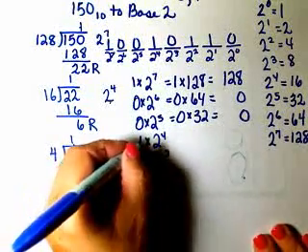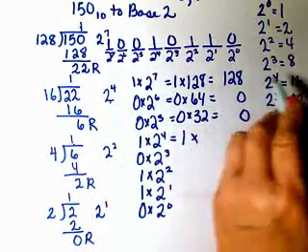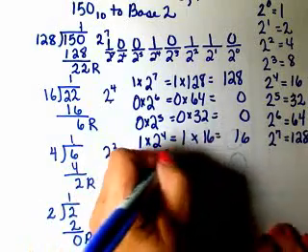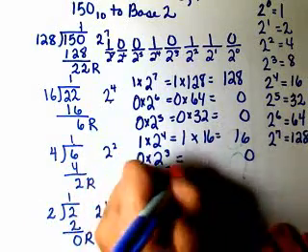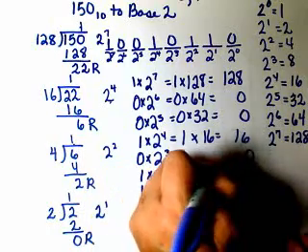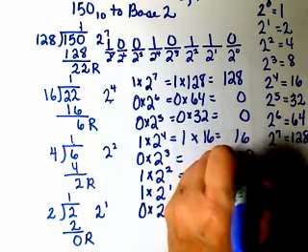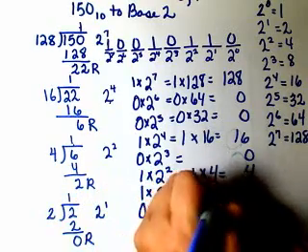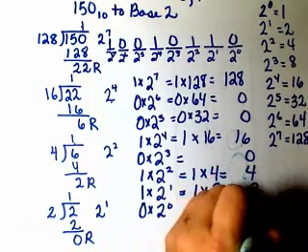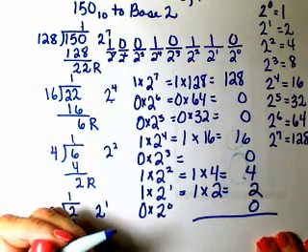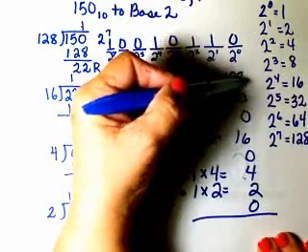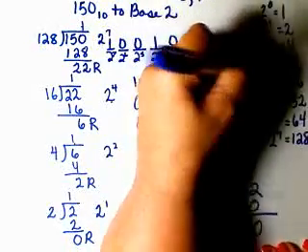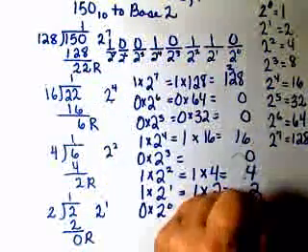So now we have 1 times 2 to the 4th, which is 16. We have 0. We have 1 times 2 to the 2nd, which is 4. We have 1 times 2 to the 1st, which is 2. And we have 0. And when we add all those back up, we have 128, 144, 148, and 150.